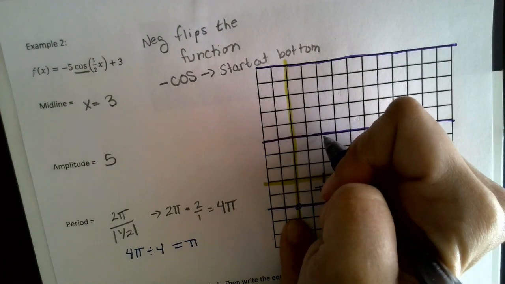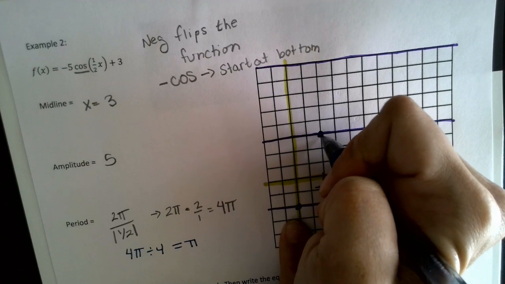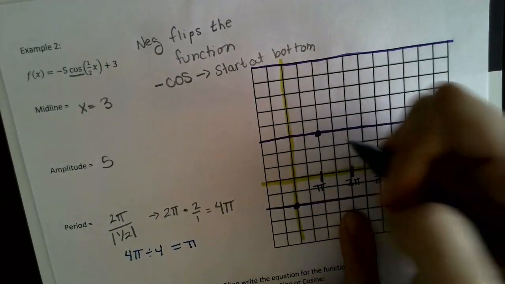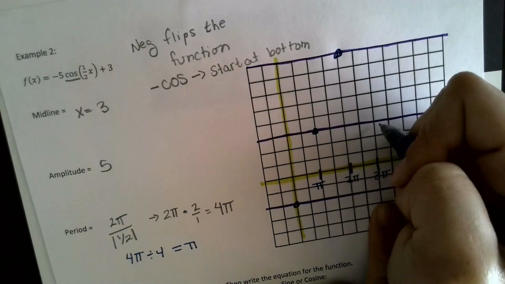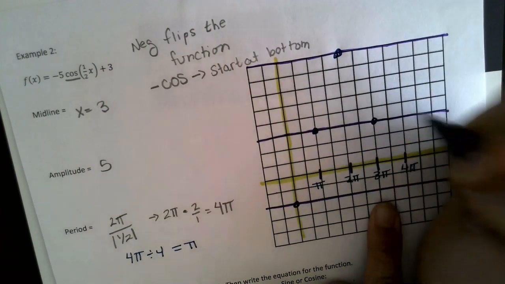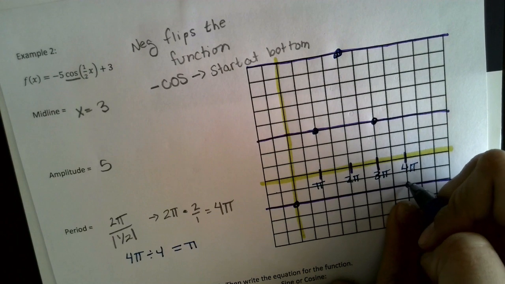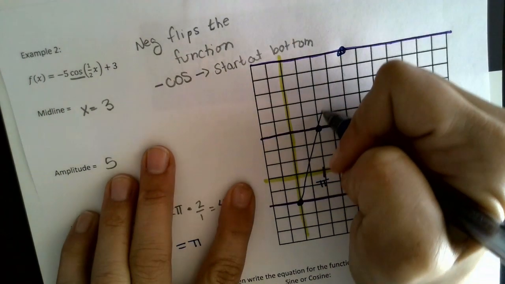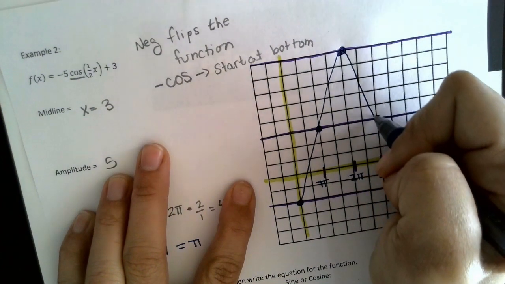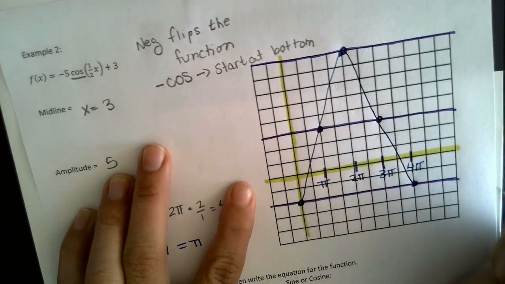So at pi, our next one up would be at the midline. 2 pi would be at the upper. 3 pi would be back down to the midline. And 4 pi would be down below. And when we connect these, you realize this is cosine, and it's flipped.